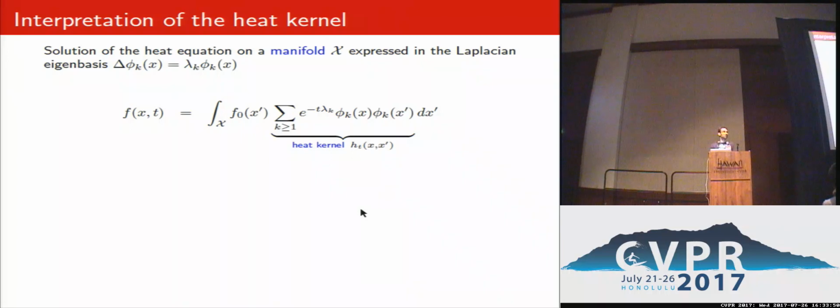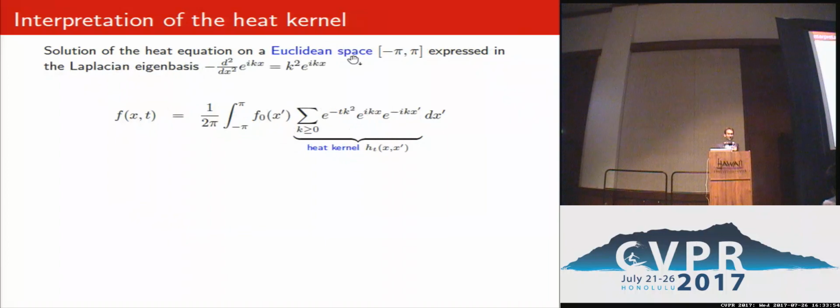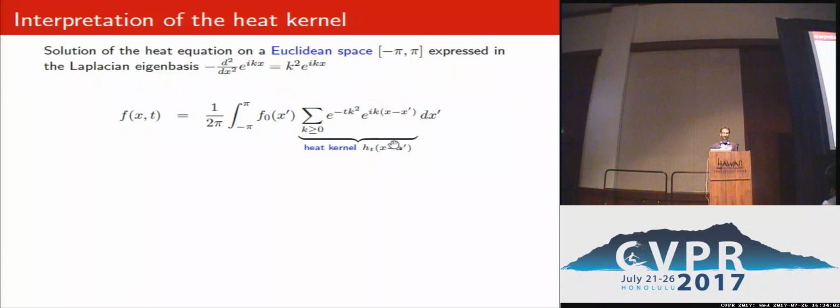Let's see what happens in the Euclidean case, right? So if, instead of the manifold, we assume that we are given a Euclidean space, and we plug in the orthogonal eigenbasis of the Laplacian, we see that because of the associativity of the exponential function, we get the heat kernel dependent on the difference between x and x prime and not a general function of x and x prime. And this integral is just a convolution of f0, the initial condition, with the heat kernel.